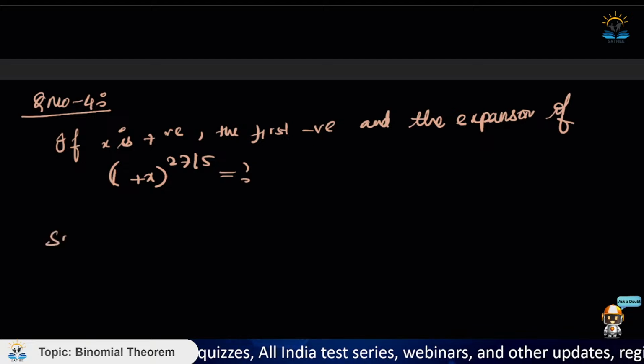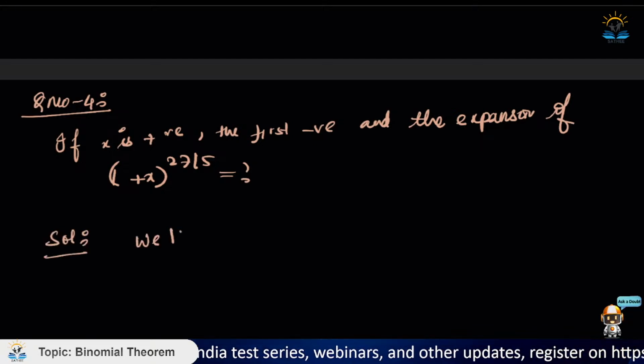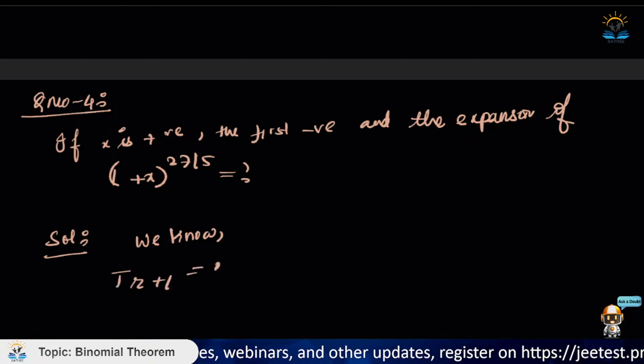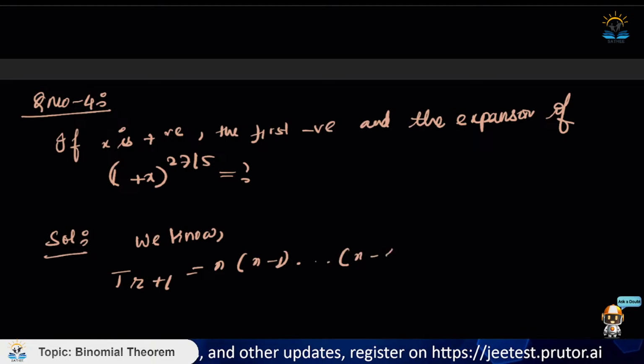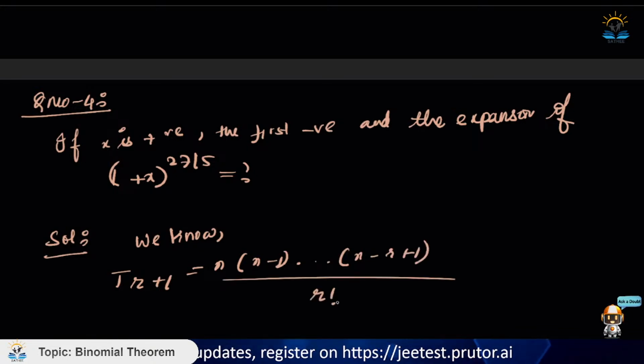Then the solution comes. So in the solution, what do we know here? We know t(r+1) is equal to n into (n minus 1) dot dot dot (n minus r plus 1) divided by r factorial, x to the power of r.